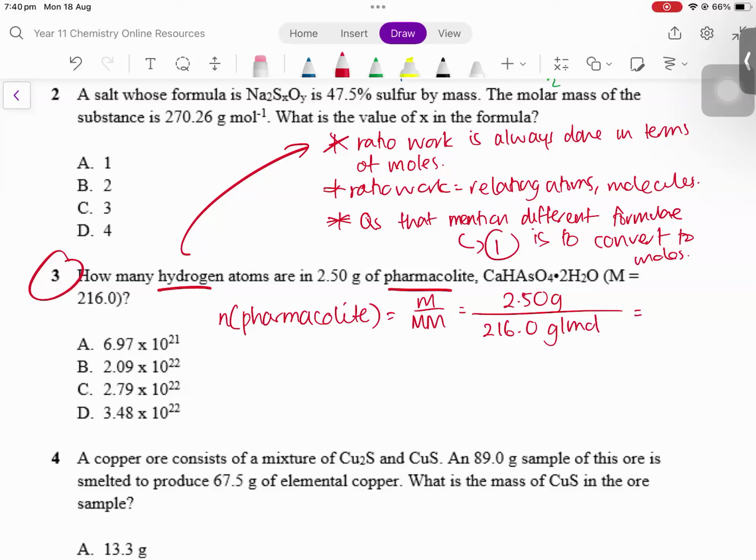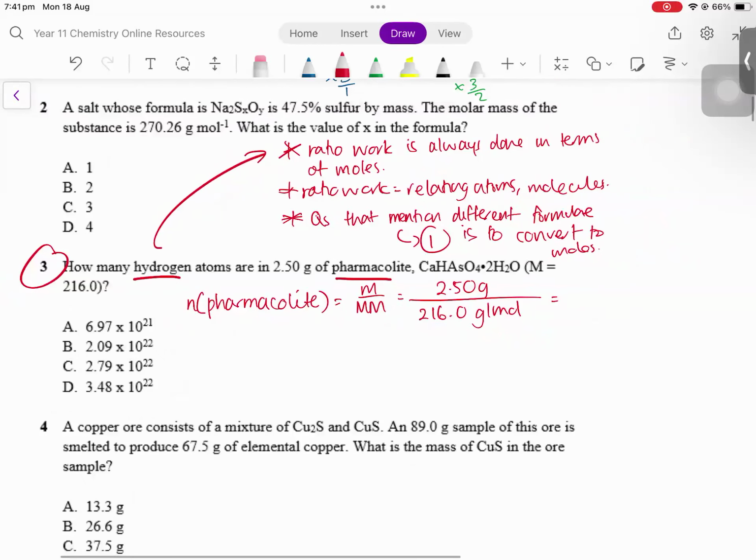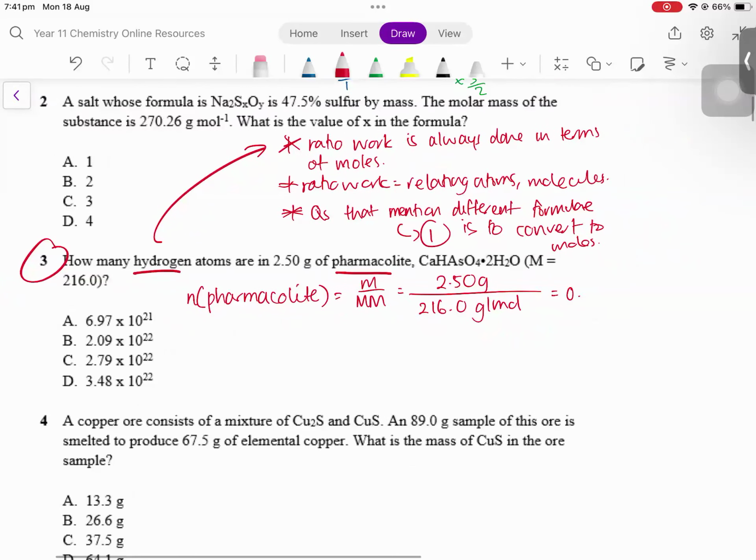What do you get for the moles of pharmacolite, please? 0.01157 mole.